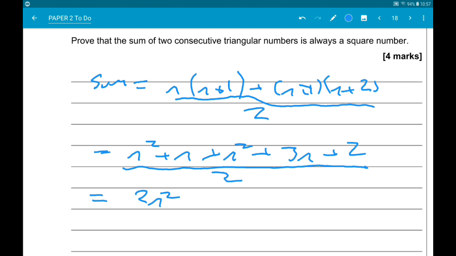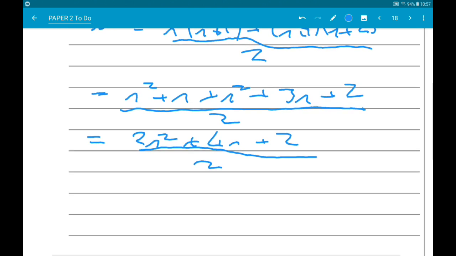We have n add 3n, so that's 4n. And we have the plus 2 at the end. That's all over 2. Now luckily everything on top is divisible by 2, so this is n squared add 2n add 1.